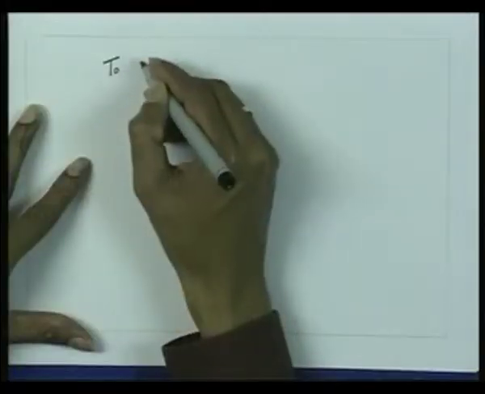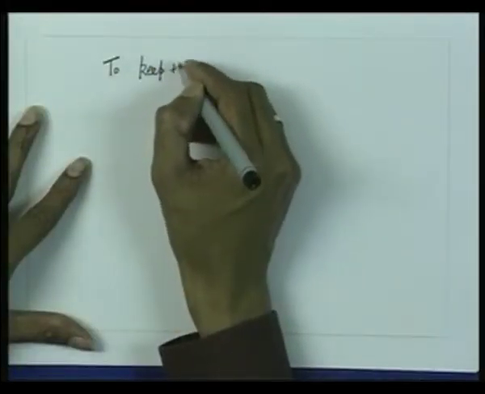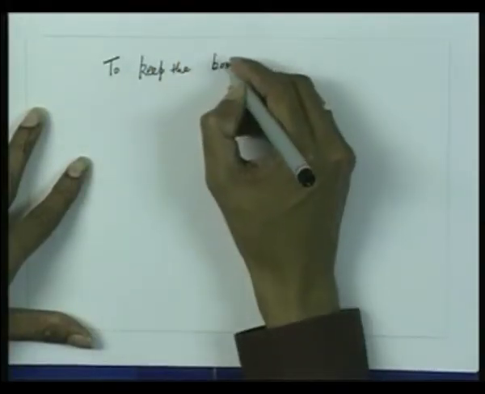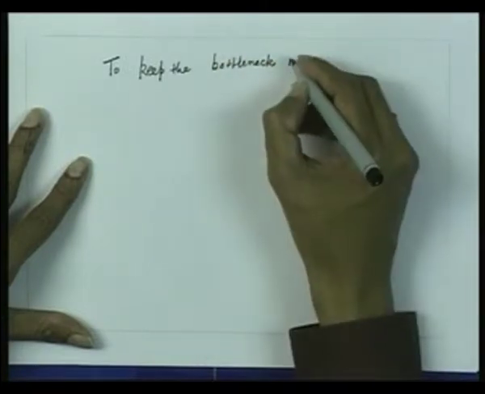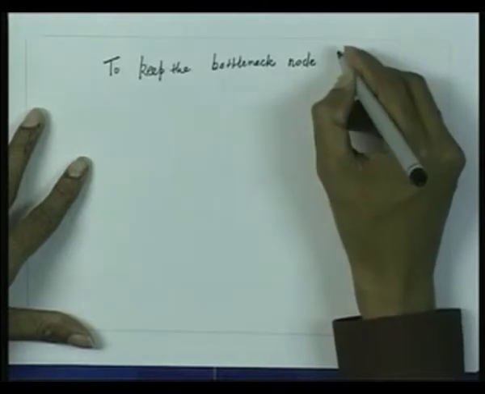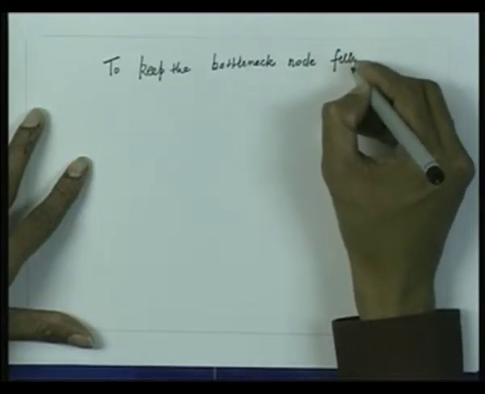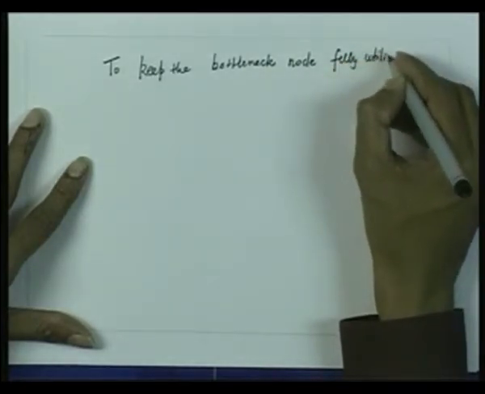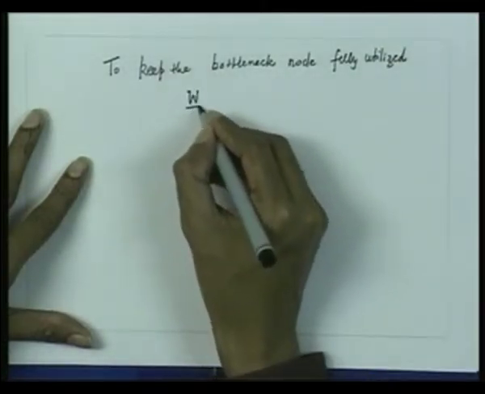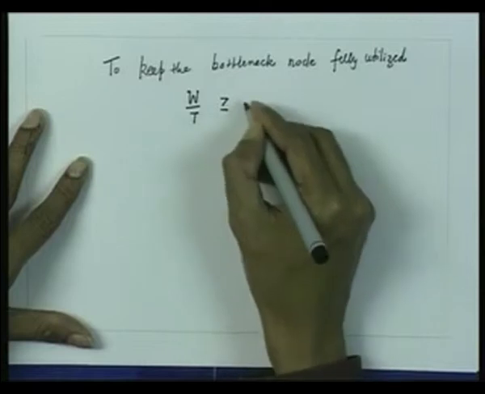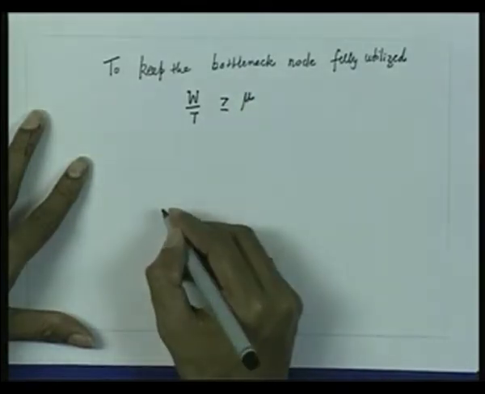So in order to keep the bottleneck node fully utilized, we need W by T to be greater than mu.